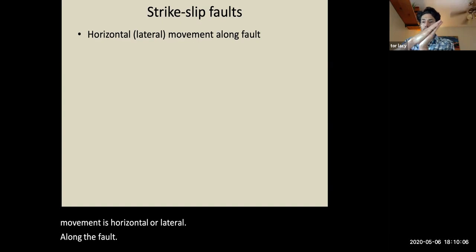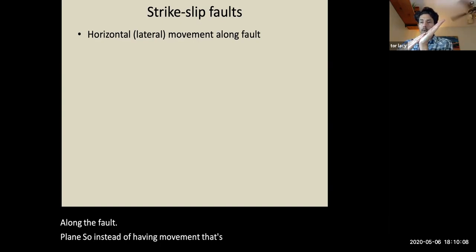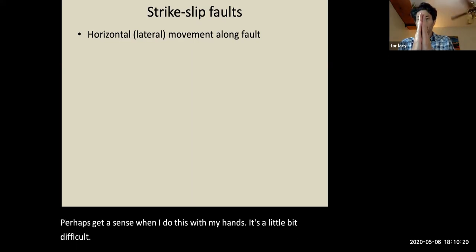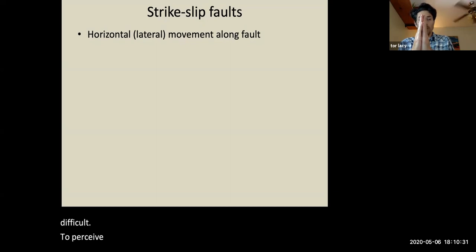So instead of having movement that's either downwards or upwards, the rock is moving laterally or horizontally. Now, as you can perhaps get a sense when I do this with my hands, it's a little bit difficult to perceive which side is moving, or even to perceive the movement altogether.